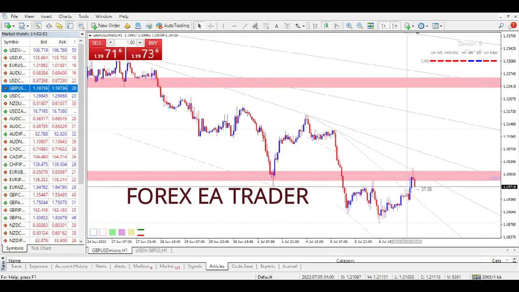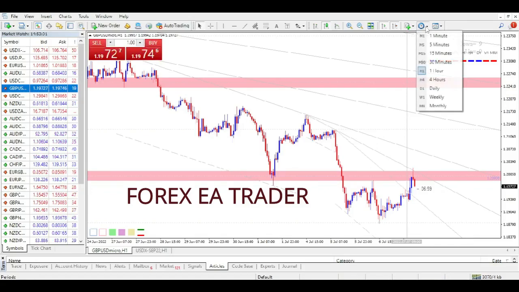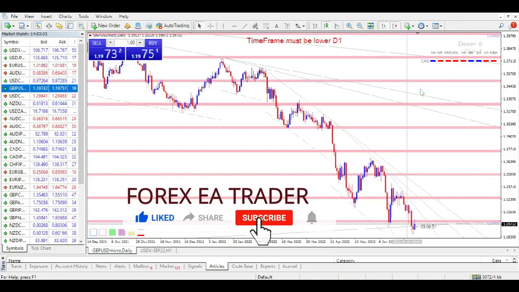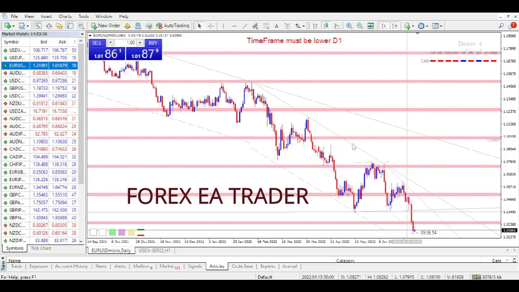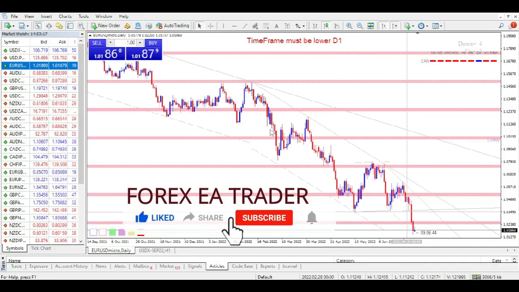So what does this all mean? What do I mean by this? Here's what has worked for me with regards to Forex robots. What you want to do before you plug in your robot is have an idea of where the market is going for that day.